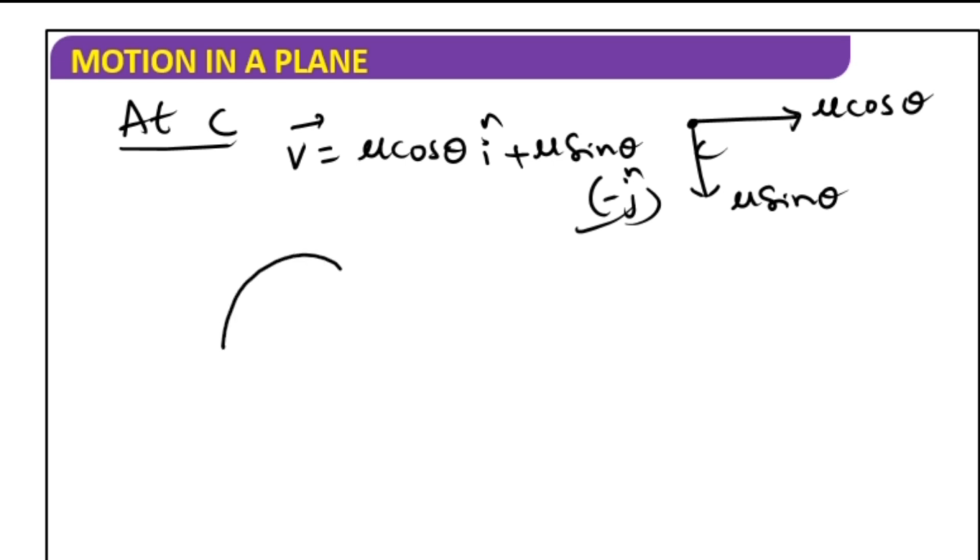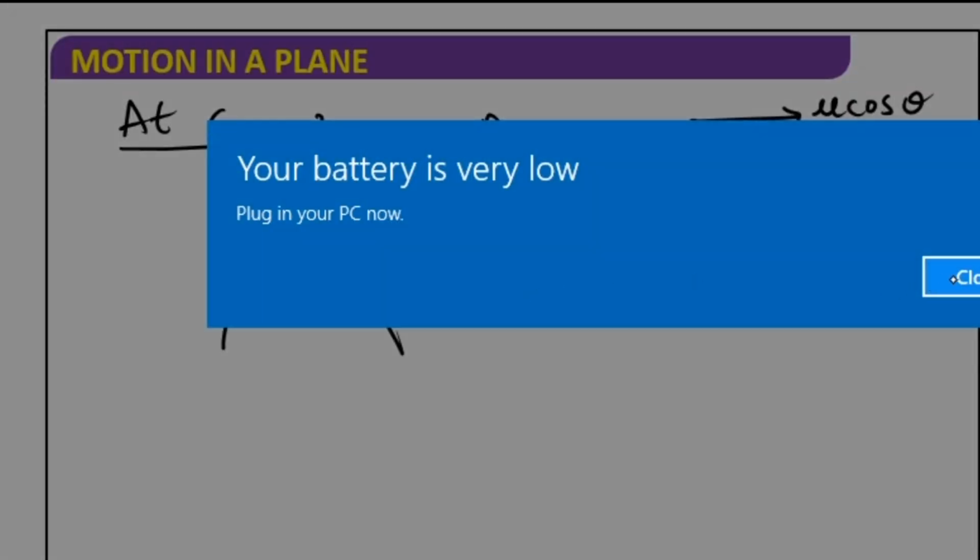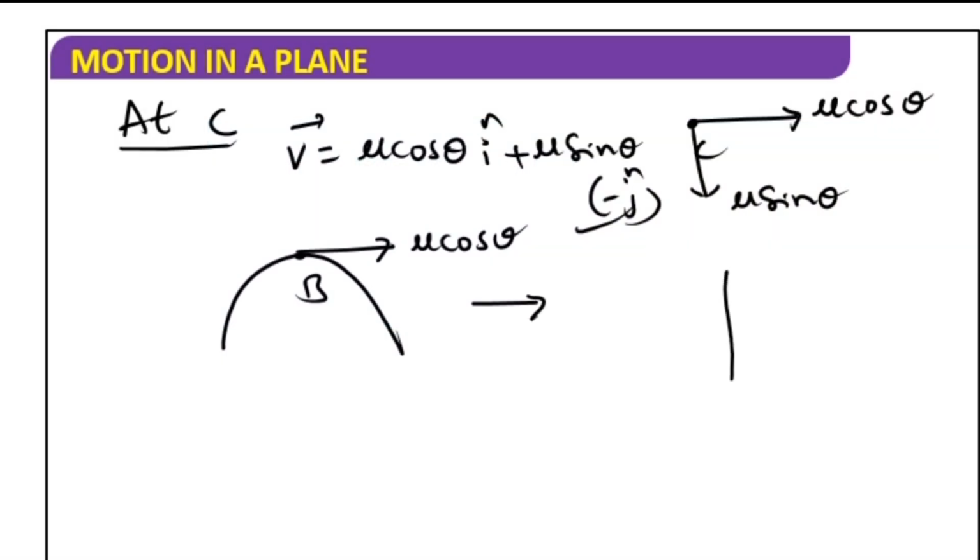We know very well at the topmost point B it has only the horizontal component, that is u cos theta. So many children compare this with one-dimensional motion. In one-dimensional motion, at the topmost point the velocity is 0.